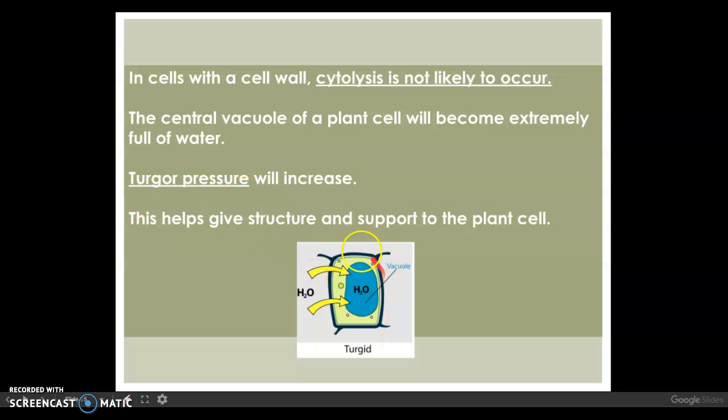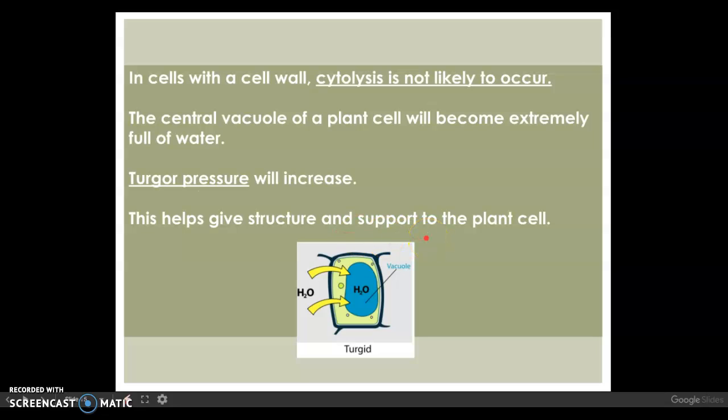That just simply means that there's a lot of water in here, and that plant will start to perk up and stand up, and it will form these very tightly packed cells, and that plant will be kind of alive again. This will help give some structure and support to our plant cell.